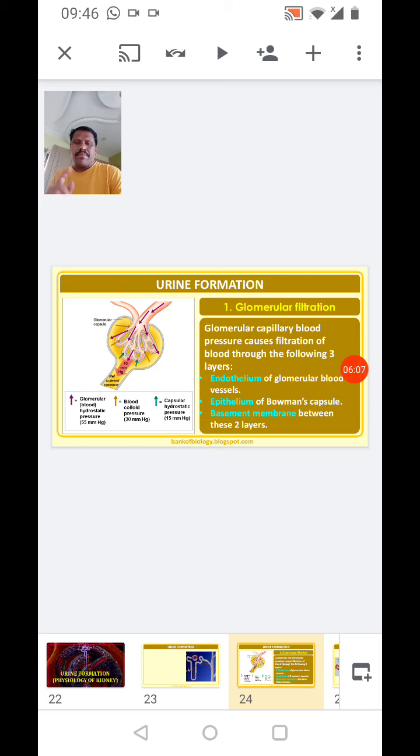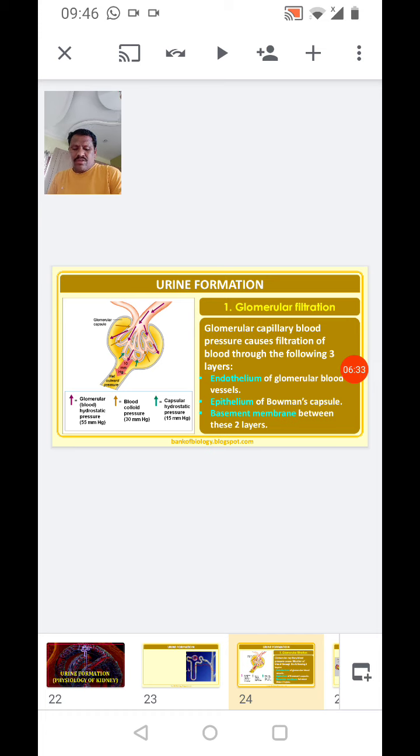But this pressure is opposed by two more pressures. Number one is the glomerular colloidal osmotic pressure, which is created by plasma proteins, which is about 32 millimeters Hg.